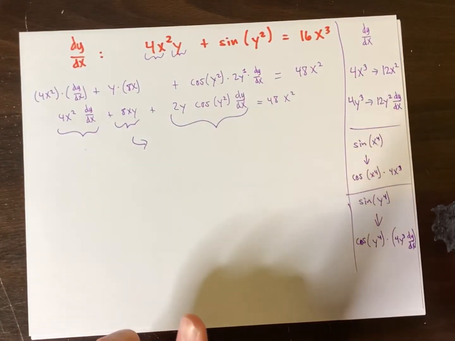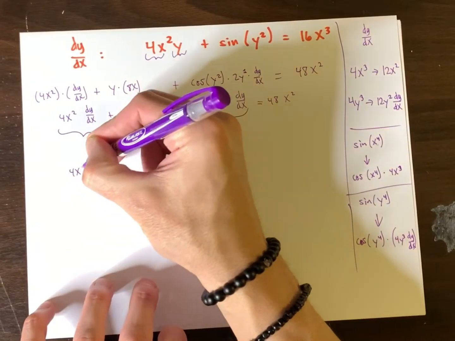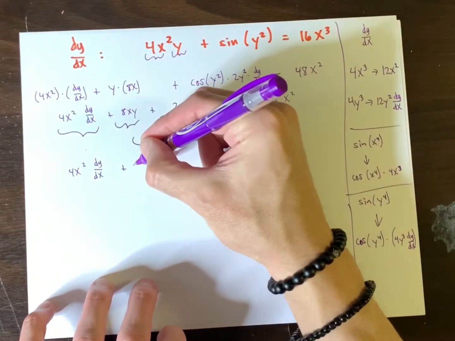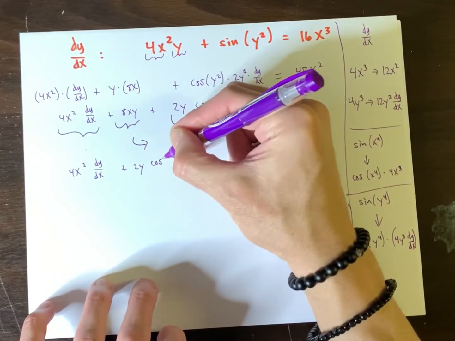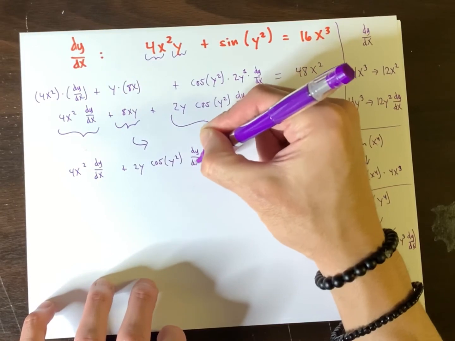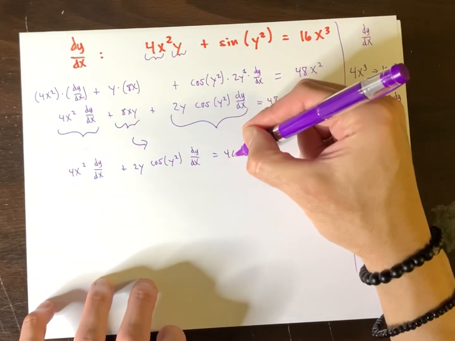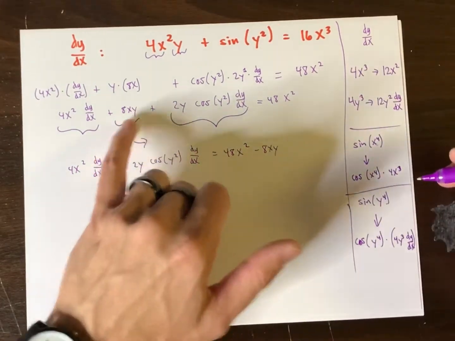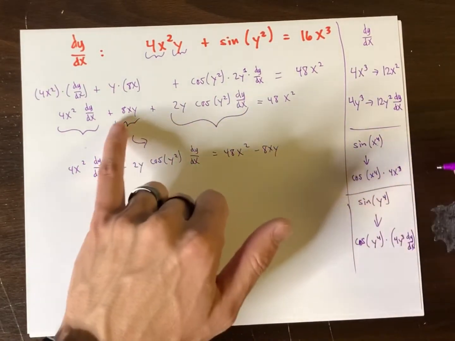And you know what, while I'm at it, let's not rush this. I was going to multitask this evening, but let's play it safe. So I have this here, and if I'm going too slow, just fast forward the video about 10 seconds or so. You don't have to see me write them if you don't want to. So something like that, minus 8xy. I move this piece to this side because it does not contain a dy dx.